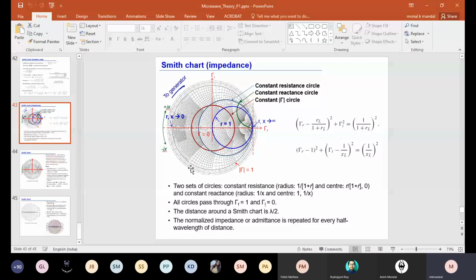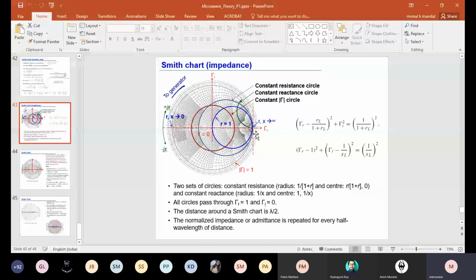Here, this is actually the reflection plane, and along the x-axis we represent the real part of gamma, along the y-axis the imaginary part of gamma. We then have two sets of circles, one for the resistance, another for the reactance. If you note down on the Smith chart, all the solutions for passive components will be inside the magnitude of gamma equal to 1 circle.